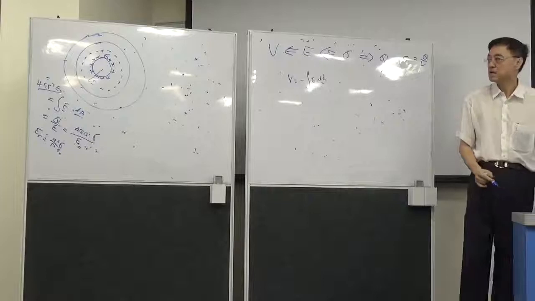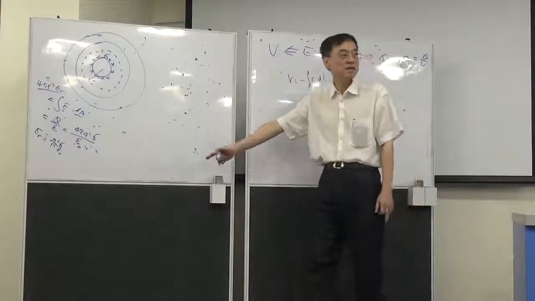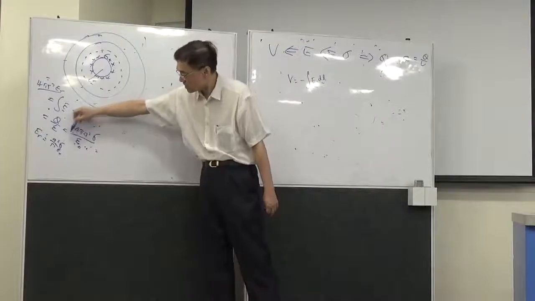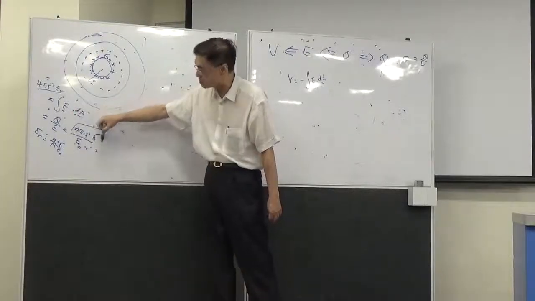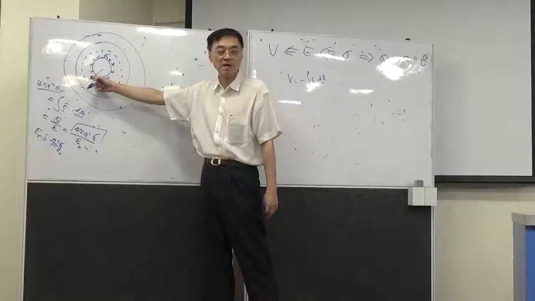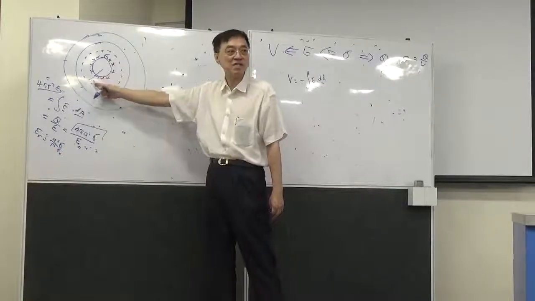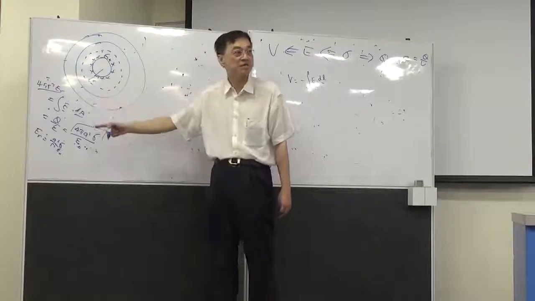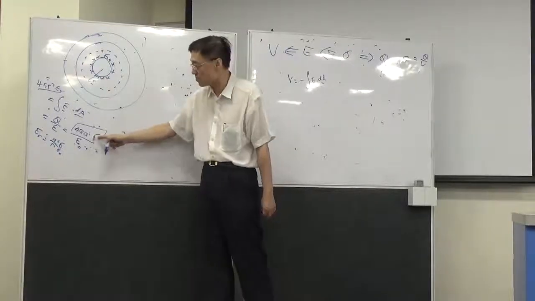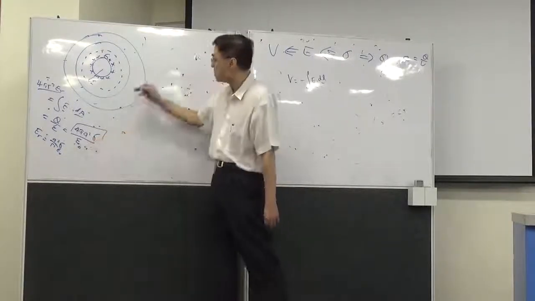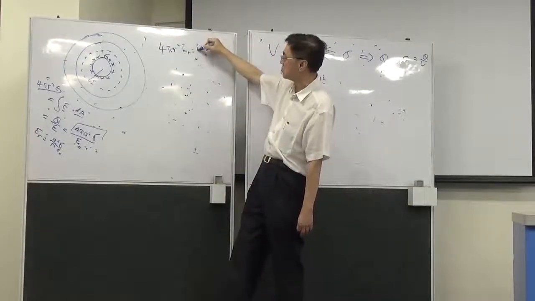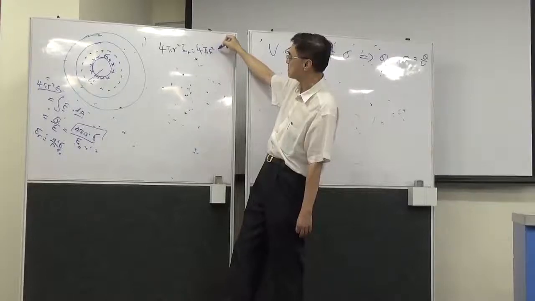Can you see that? This is the total charge enclosed. The charge density is sigma. Because this is constant, the charge density is multiplied by the surface area, which is 4 pi a squared. So it's 4 pi a squared sigma divided by epsilon naught. So I have 4 pi r squared ER equal to 4 pi a squared sigma.